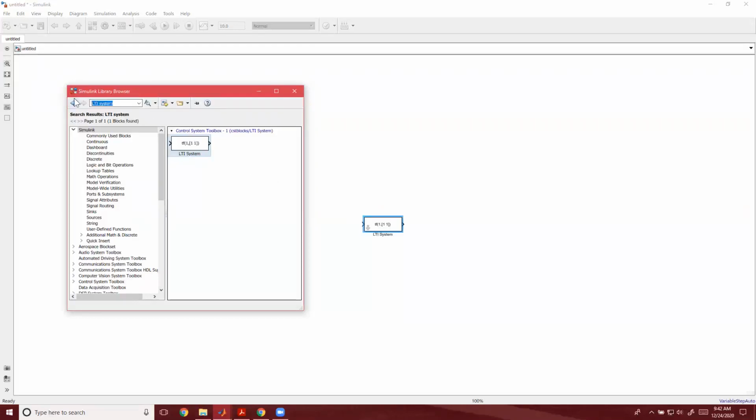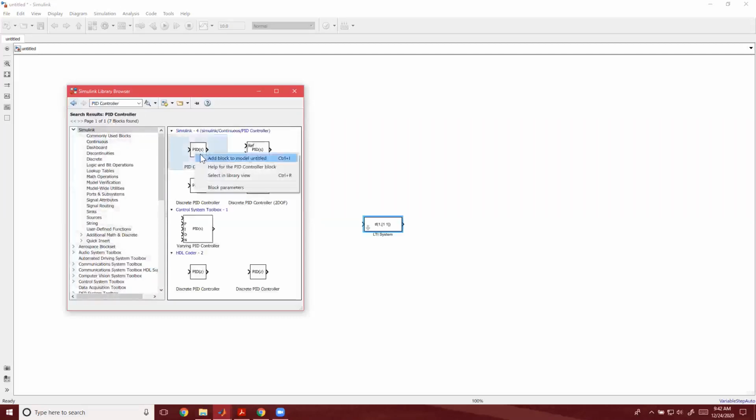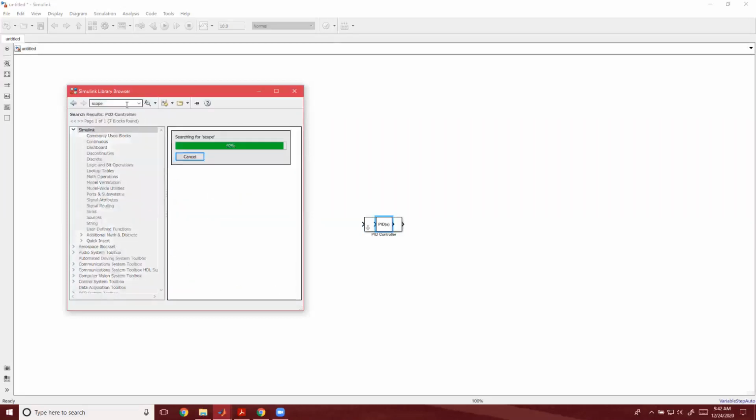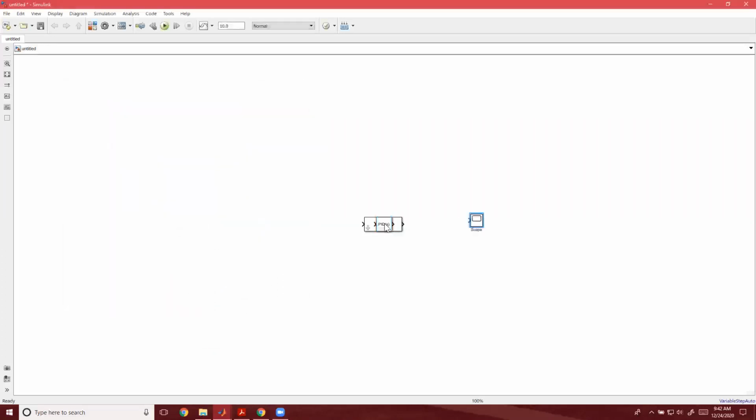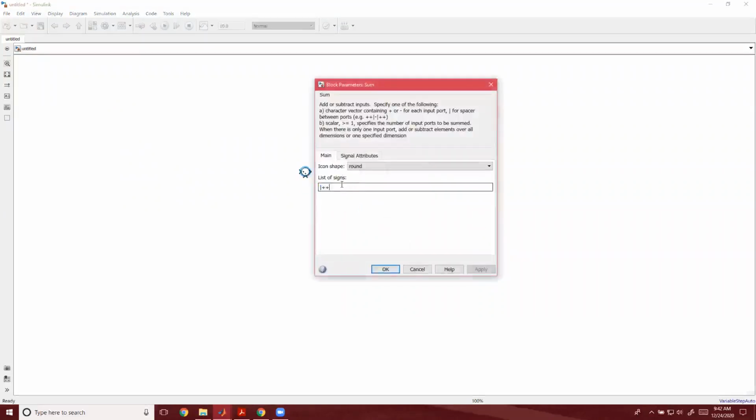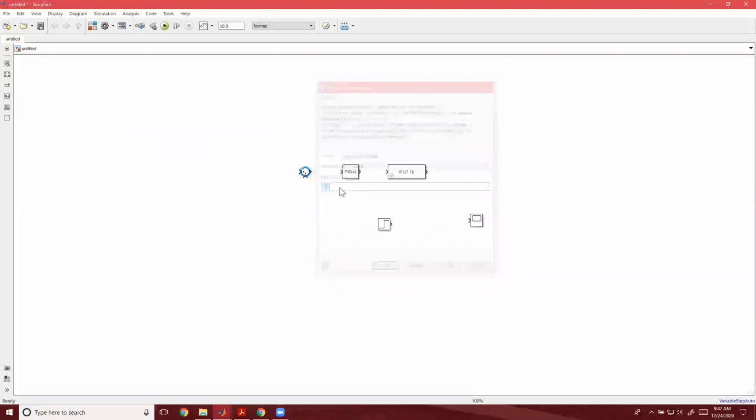We need our PID controller, and we need a scope. Remember there should be plus and minus, because we're subtracting. Change that to minus.